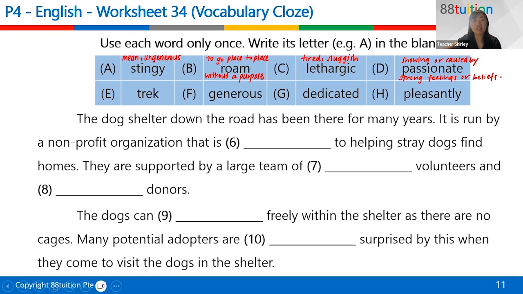All right, so trek is another word that describes movement similar to roam. It's just that the manner of movement is quite different when you're trekking versus when you're roaming.